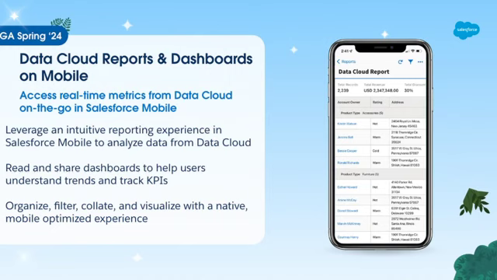We are going to be providing mobile optimized, fully native reports and dashboards within Salesforce Mobile that will take advantage of Data Cloud, provide speeds that are up to 20 times faster than the current experience, and allow users to really play with Data Cloud and view Data Cloud directly on mobile.